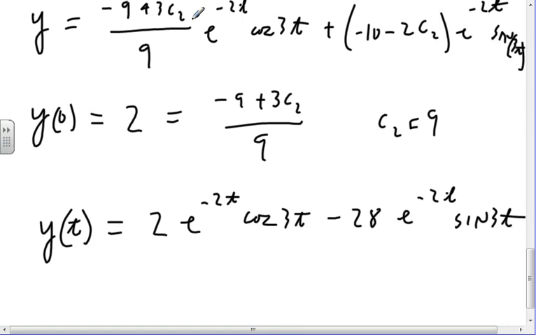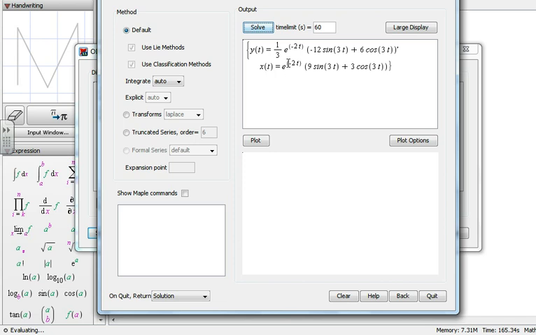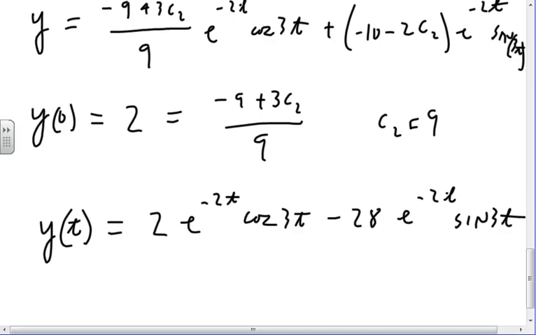I'd have a 2 there. Y at 0 is 2, yeah. So we have a 2 cosine. 2 cosine is exactly what we have. It's the minus 4 sine that we have wrong. Okay, so the 2 cosine is fine. Over here we want this to be 5. We want that to be a 4.